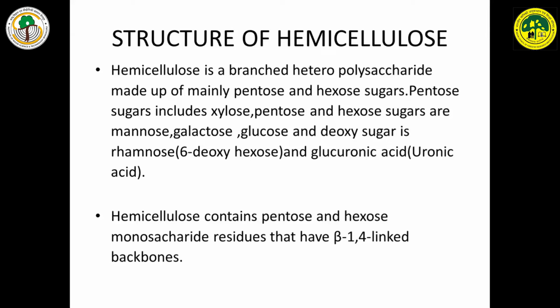All these contain 6 carbon atoms except xylose and arabinose, which both contain 5 carbon atoms and are called pentoses. Hemicellulose contains pentose and hexose monosaccharide residues bonded by beta 1,4 linked backbones. So the glycosidic linkage present in the hemicellulose backbone is the beta 1,4 glycosidic bond.